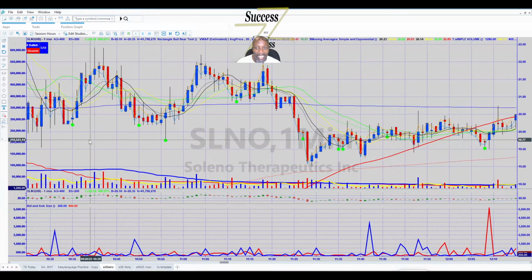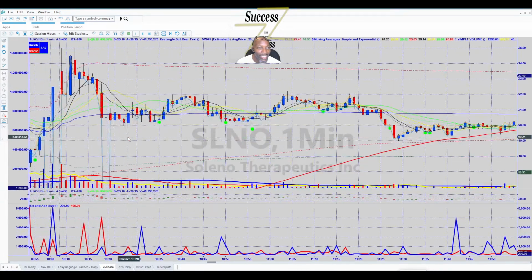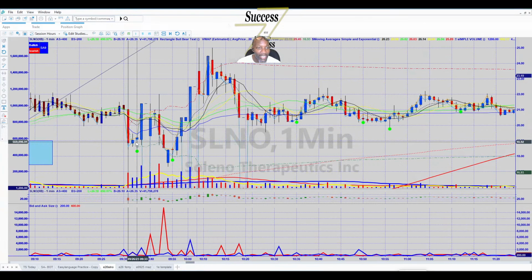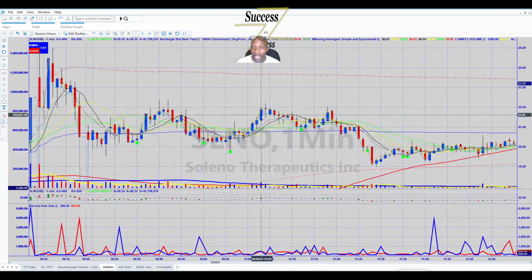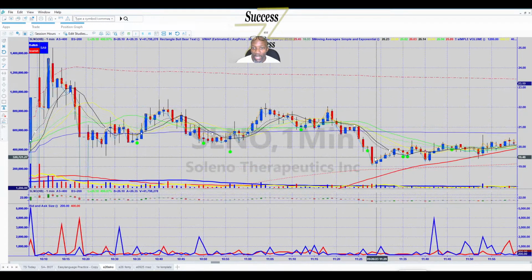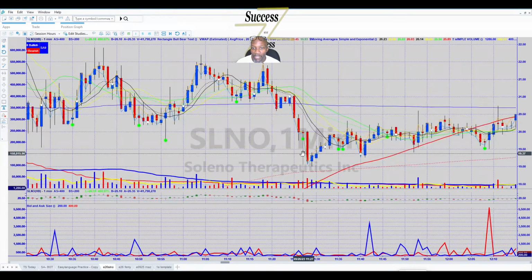I like it. It would have got that dip going up into a halt, beautiful. It would have got that one going up into a halt plus some, beautiful. Would have got that low, beautiful. That one you would have got stopped out, but that's fine.